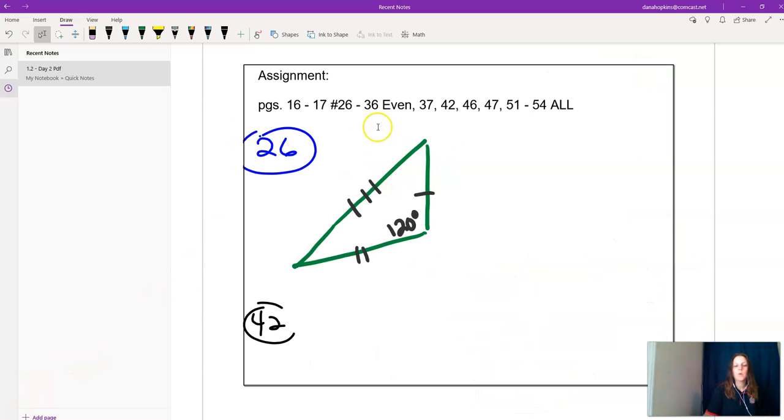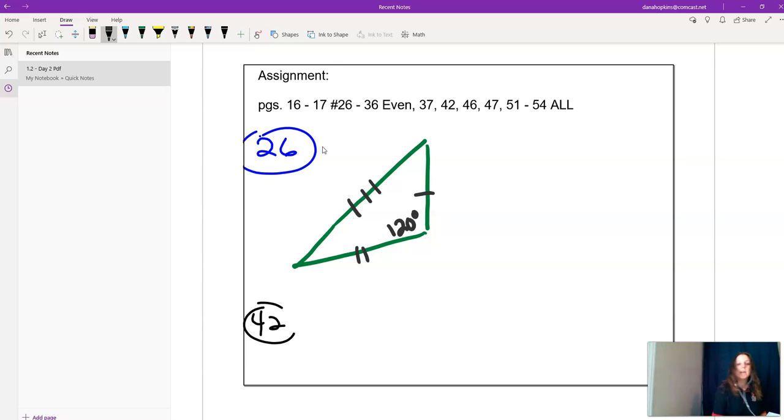So these are the assignment questions for this section, and let's take a look at number 26. The directions for number 26 say, classify each triangle as acute, right, or obtuse, and then classify as equilateral, isosceles, or scalene. Okay, so first of all, let's look at the angles. So think about whether this is acute, right, or obtuse.